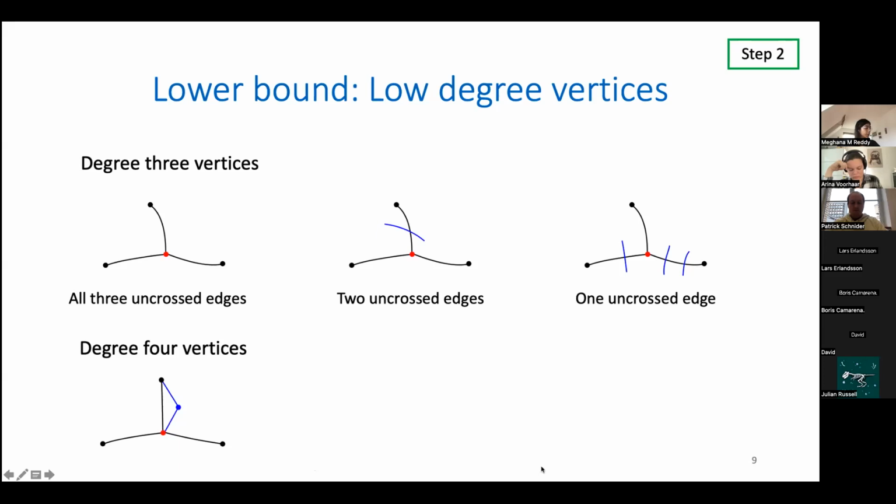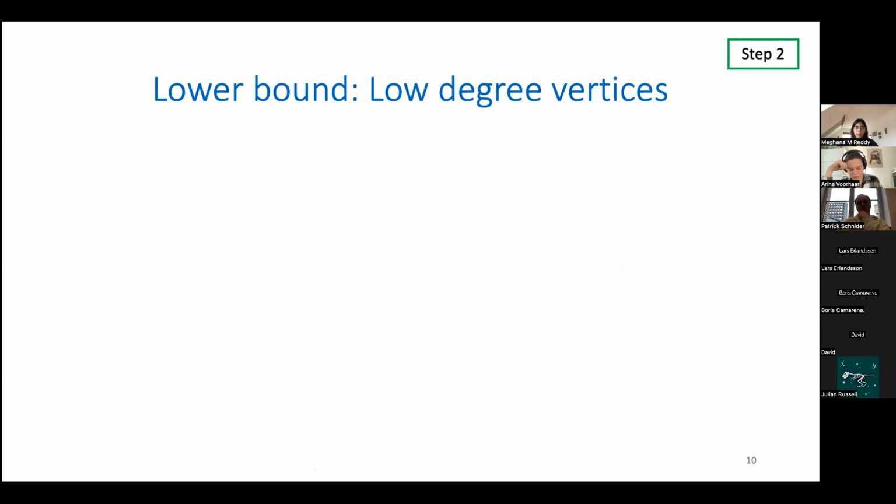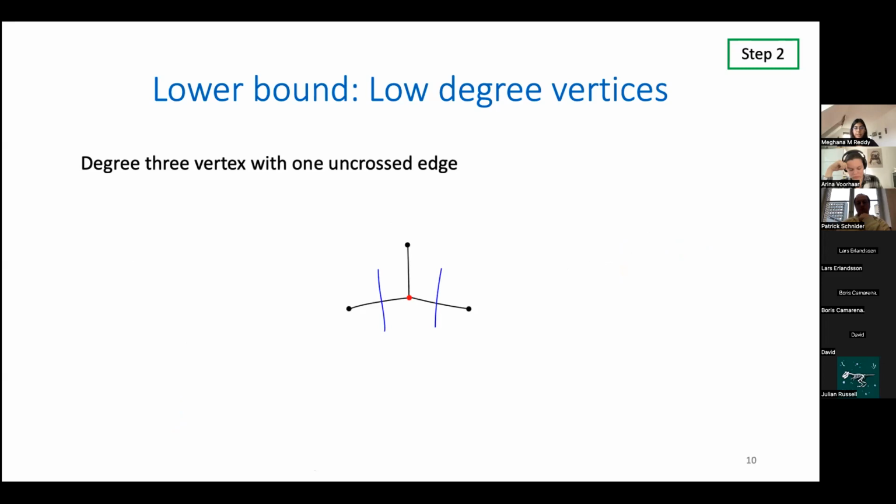Let me quickly give you some details of this type of degree 3 vertex. We have this degree 3 vertex with one uncrossed edge. Again, we look at these edges and see where the endpoint is.